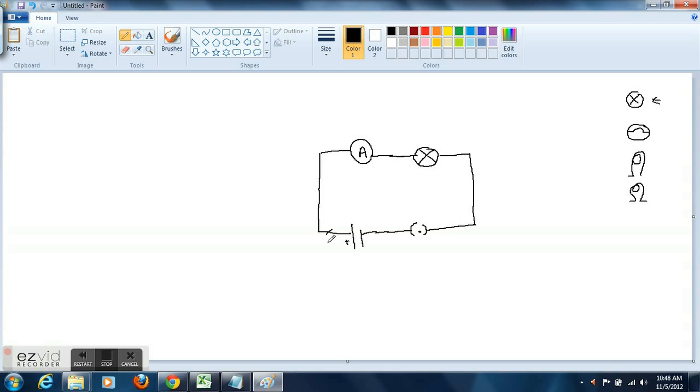And this whole thing is the electric wire, and this is the conventional flow of current from positive to negative, even though by now you know that actually current flows from negative to positive. And we need a voltmeter to measure the potential difference across the bulb.